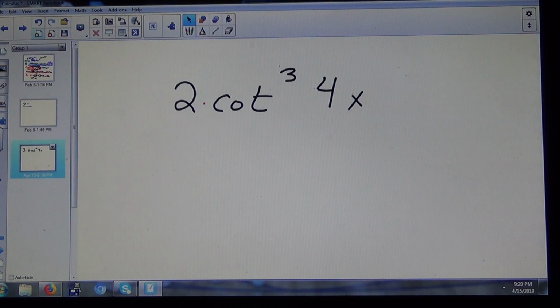Okay, but the derivative of 2 is 0. So then the one part will drop off and it'll just give you the one with the 2. And there's no other multiplication in that problem, so we are not doing product rule. After that part, we would be doing the chain rule.